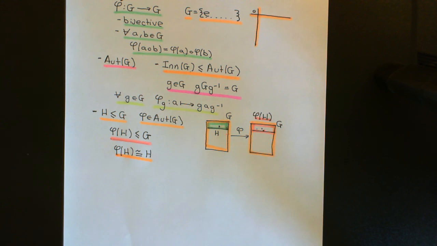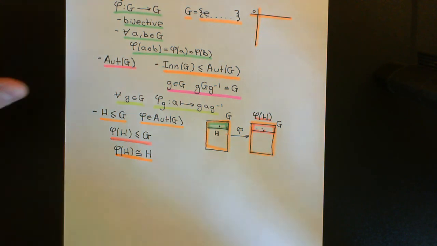So that's really important for us in our definition of a characteristic subgroup, that an automorphism will always map a subgroup onto another subgroup of that group, which is isomorphic to the initial one. Okay, so now let's actually define what a characteristic subgroup is.